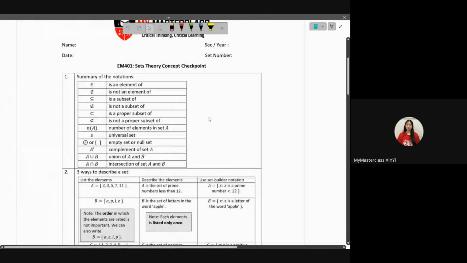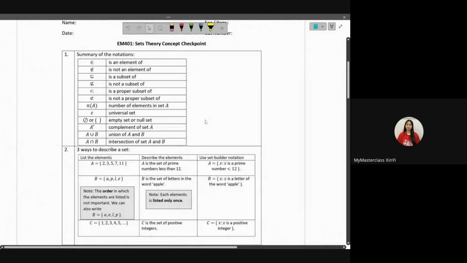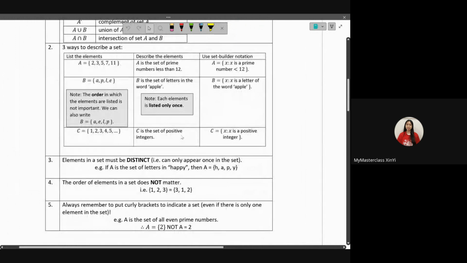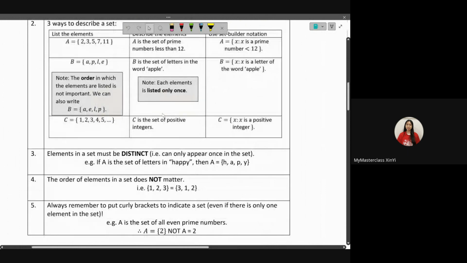These are some of the notations which I will go through already, so this should be quite familiar. Over here, there are 3 ways to describe a set. The first way is by listing, which is the more common one. The second way is describing, basically by a sentence in words. And the third one is what we call the set builder notation. These are just some basic stuff.